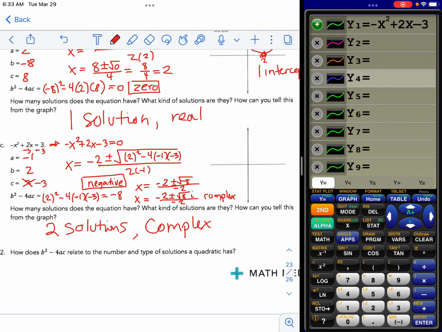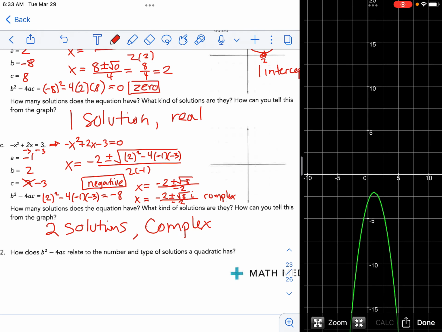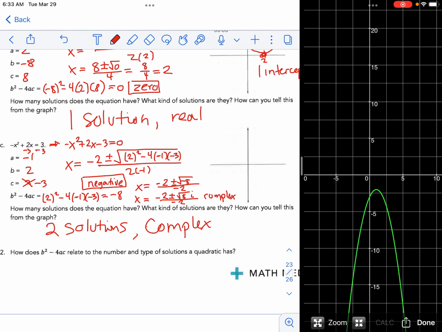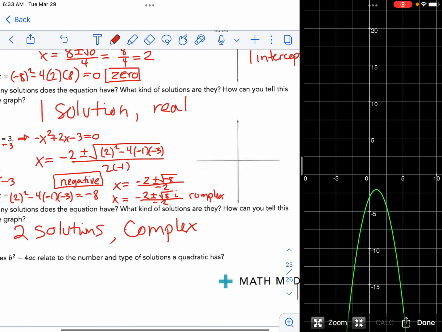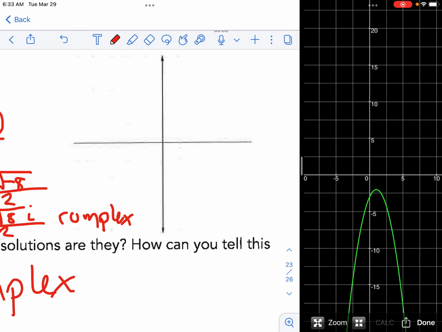Let's get rid of that. What we see when we graph this is a parabola. It's upside down because of the -x, but it doesn't intersect the x-axis at all. It looks like this. So we have 0 intercepts.